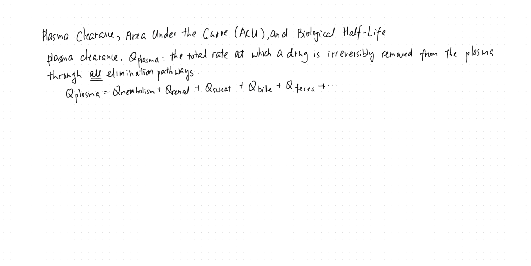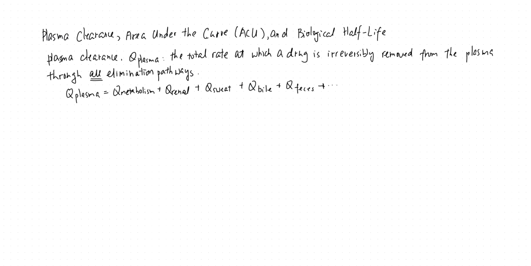So if you want to see how Q plasma may look, it is a sum of a bunch of possible elimination mechanisms. It can be metabolism, renal, which we discussed last time, then sweat, biliary, and anything else.